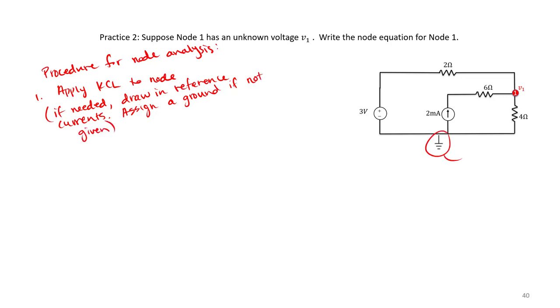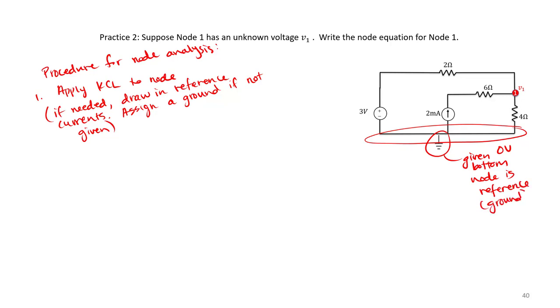So here we are already given that our bottom node is 0 volts. So here we were already given to use that bottom node for our reference, but if that was not given, you would have wanted to assume a ground node.